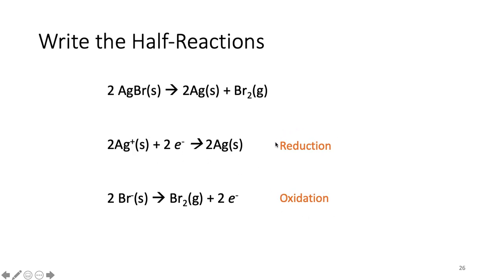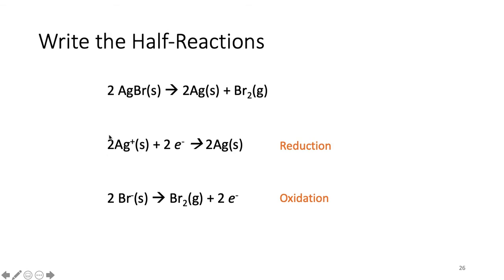Note that for whatever species is being reduced or gaining the electrons, the electrons are going to appear on the reactant side. For those species that are being oxidized, like bromine here, they lose the electrons, therefore the electrons are going to appear on the product side of the half reactions.